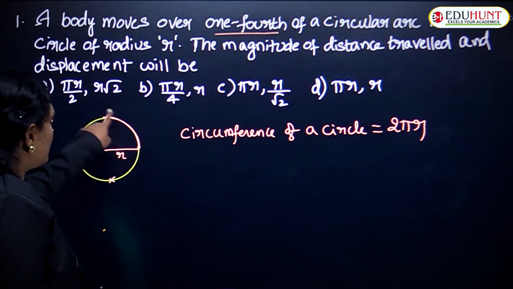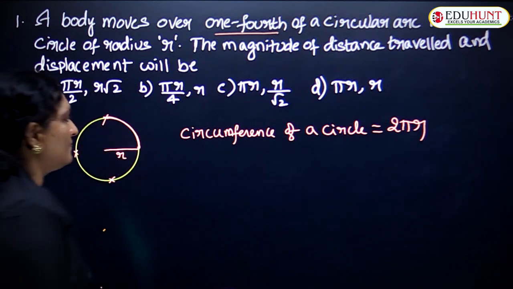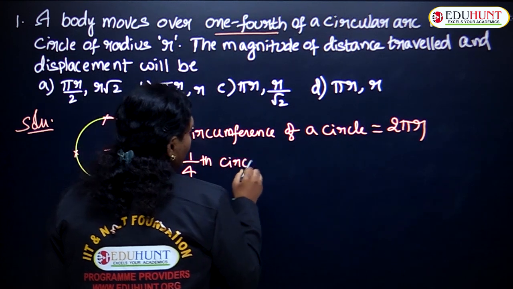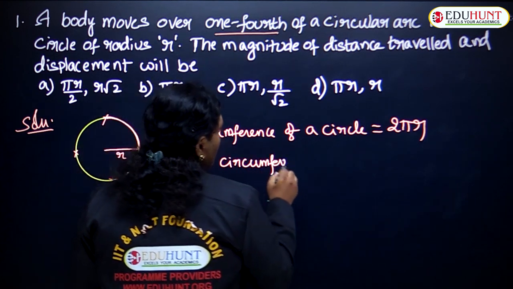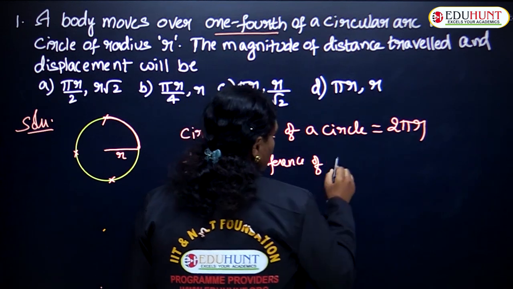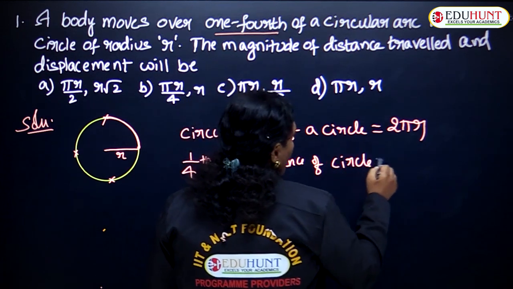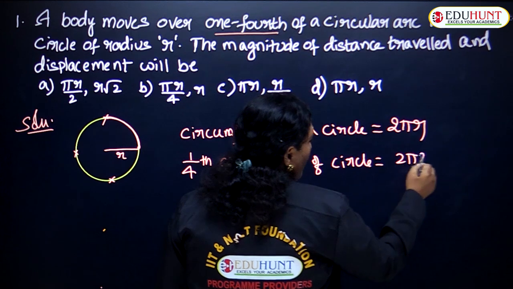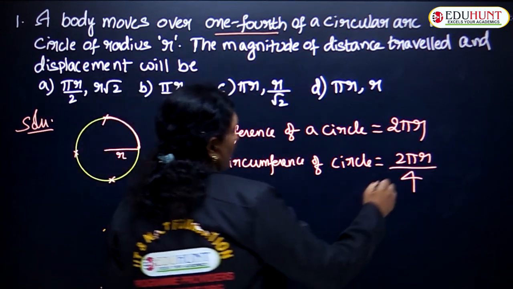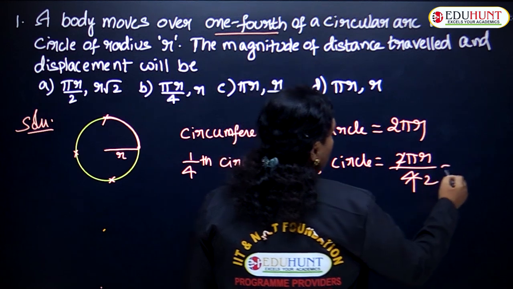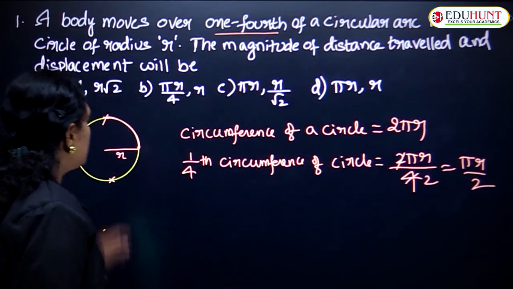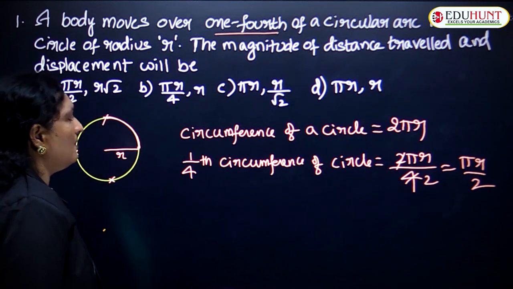And as it covers only 1/4 of the circumference of the circle, how much is that? 2 pi r by 4. 2 goes by 2 times, hence your answer is pi r by 2. So this is nothing but the distance covered by the body.